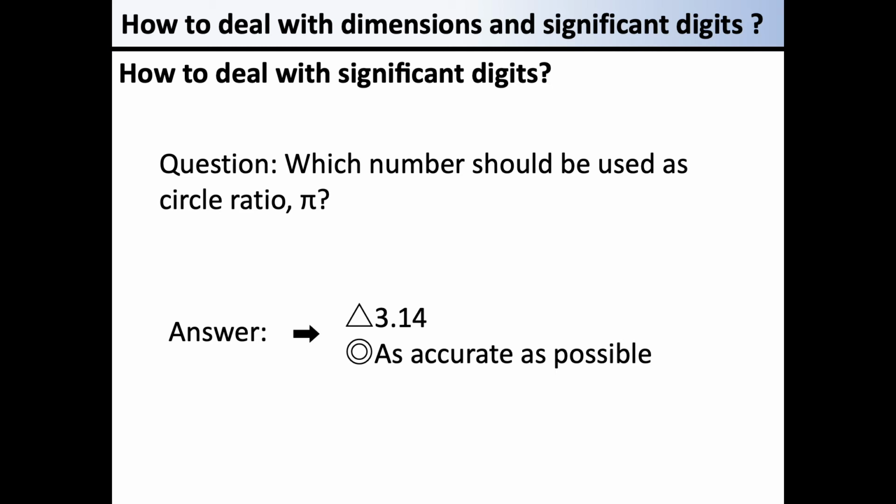In the idea of university level, the circle ratio pi should be as accurate as possible. You might think that is a little strange. Why cannot it be 3 digits or 4? What I mean is, you need to put as many digits as you can. In other words, put enough not to influence the answer.